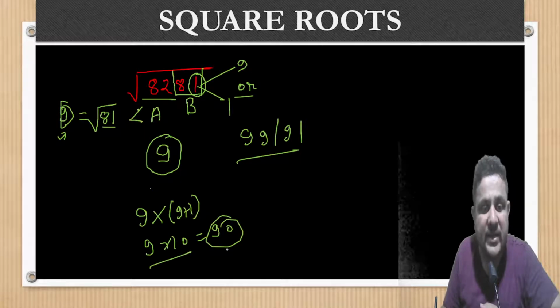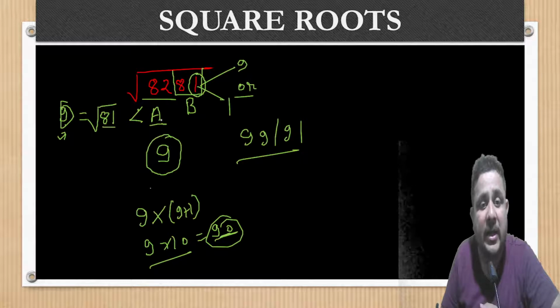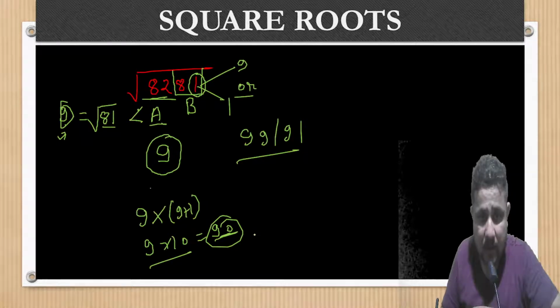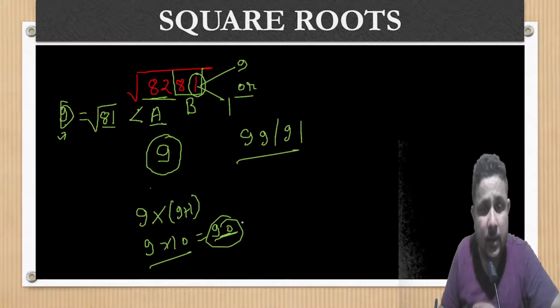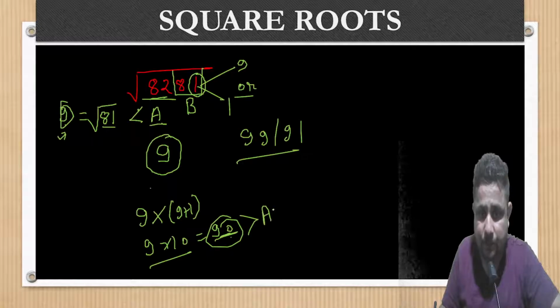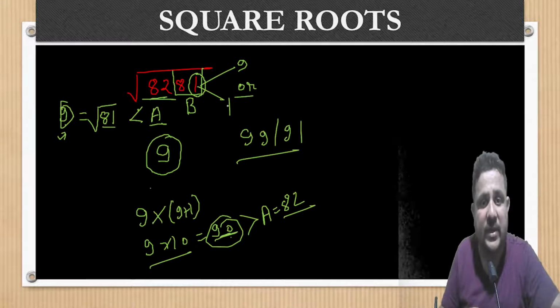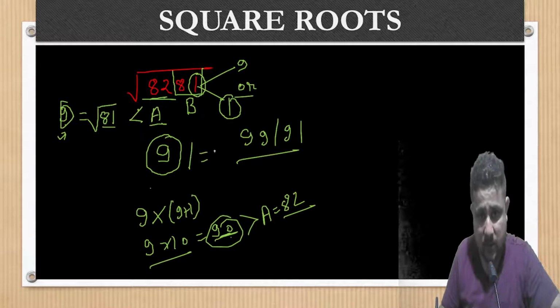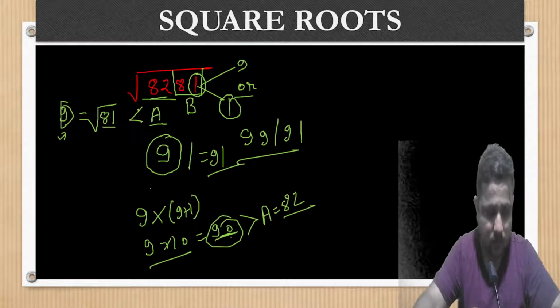This is for unit digit confirmation. Now after getting this product, compare it with part A. Part A was 82, which is less than this 90. So if part A is less, you will go with the smaller number in unit digit place. So 1 you will take. So the answer is going to be 91.